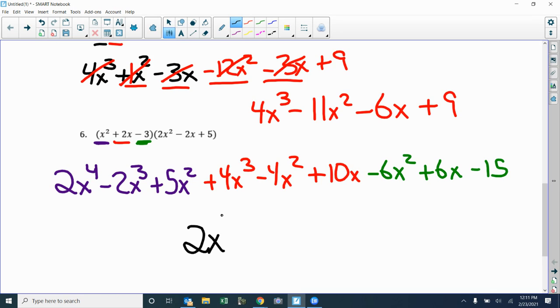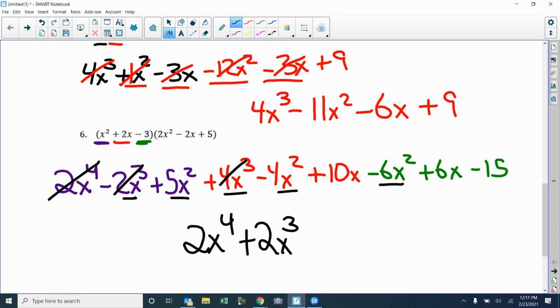Looks like we have a 2x to the 4th. Is that the only 4th? Yes. Here's a 3, and here's a 3. We got minus 2 plus 4 gives me plus 2x cubed. Okay? Here's a square, and here's a square.